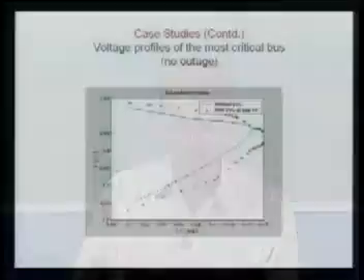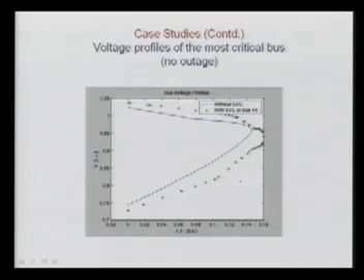If we look at the voltage profile of the most critical bus for the no outage case, meaning the base case, without SVC it is this blue line, and with SVC at 44 it is here.